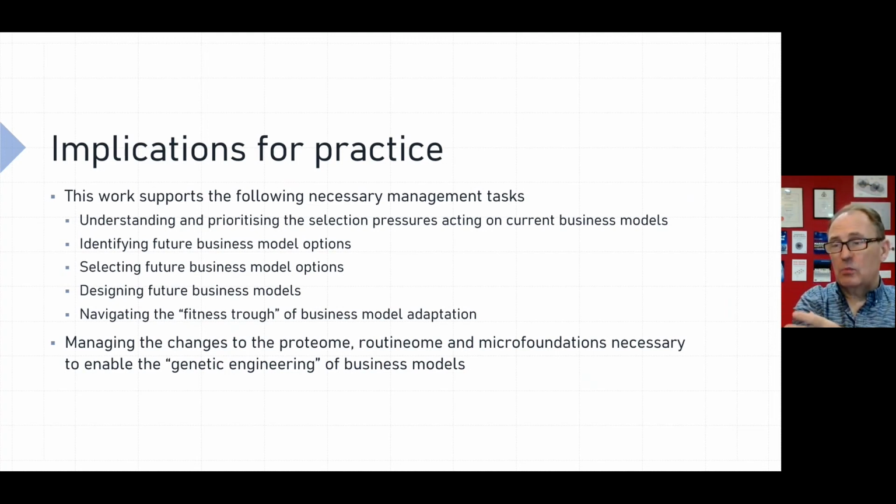In essence, what I think my work does is it allows firms to manage deliberately the changes to their proteome, their routinome, and microfoundations, or in other words, their capabilium and routinome and microfoundations, to enable the genetic engineering of their business models rather than letting them evolve at random, which is an expensive and wasteful process.